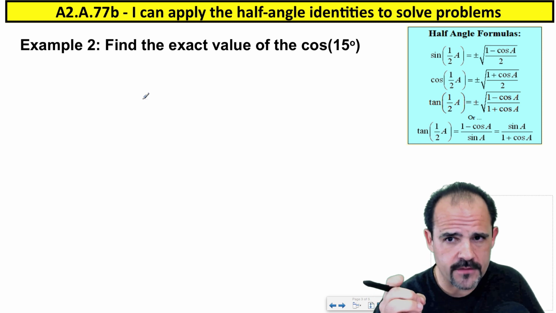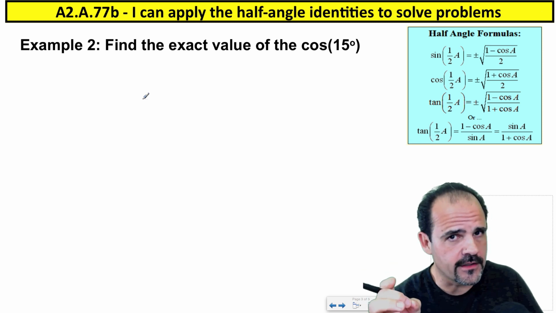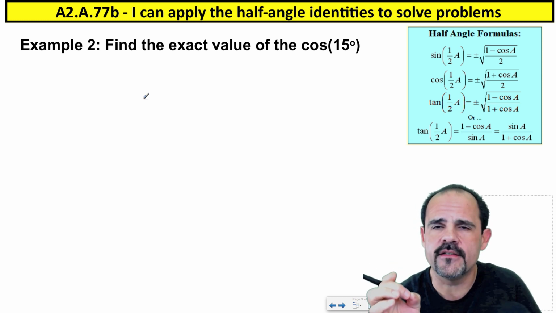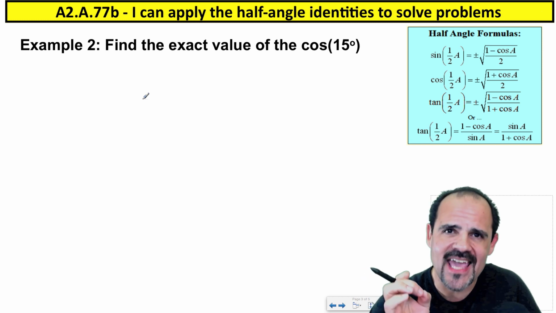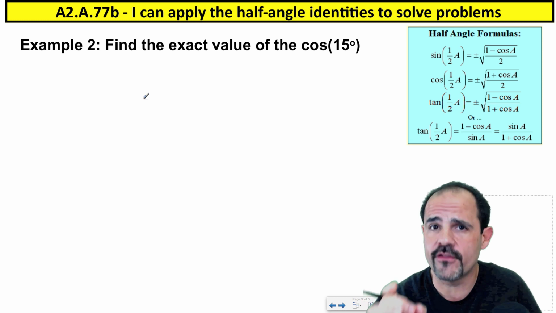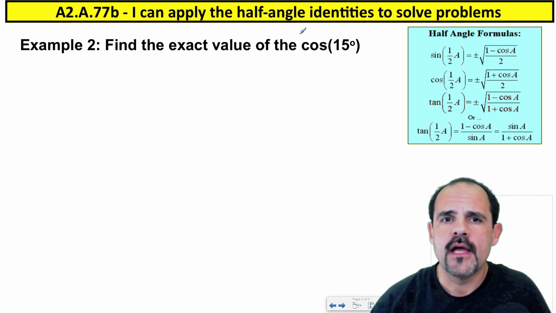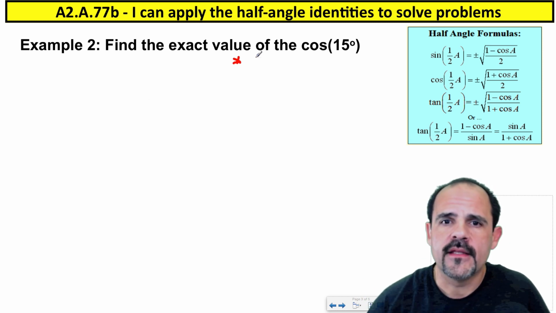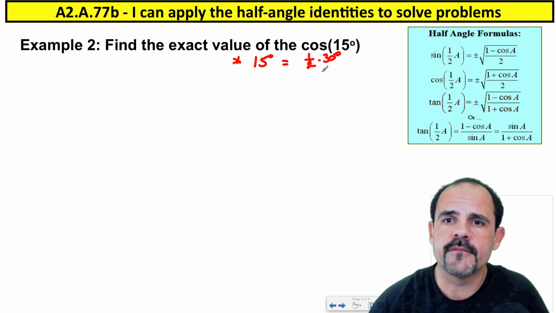Okay, did you hear that question? I can't do 15 degrees, but is 15 degrees half of an angle I can do with the unit circle? And it is. 15 degrees is half of 30. So you make a little mental note that 15 degrees is equal to 1/2 of 30 degrees.